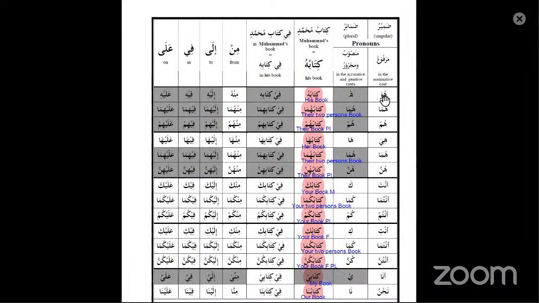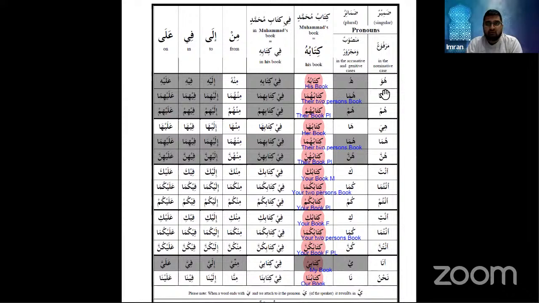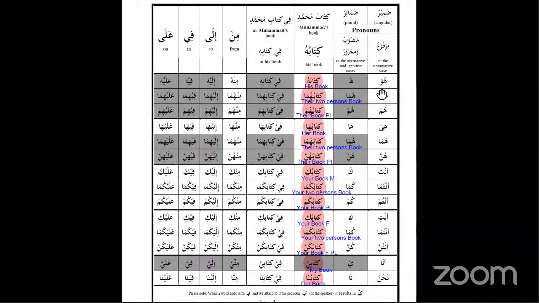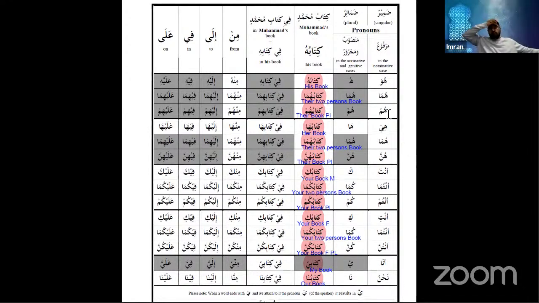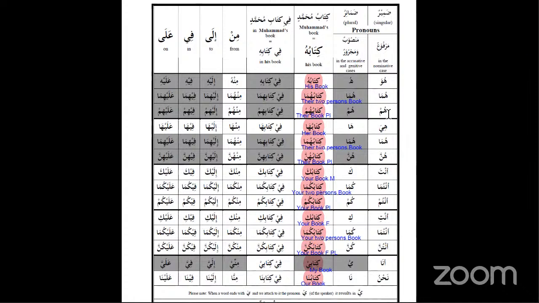Huwa kitabu. So first of all, explain huwa, huma, hum. What are they? And now what happens when it's attached to a noun? Okay. Huwa is for he. Correct. But when it is attached to kitabun, it will be kitabuhu. Excellent. His book.